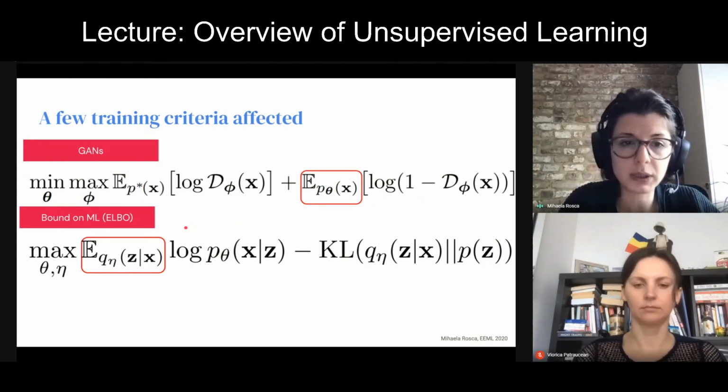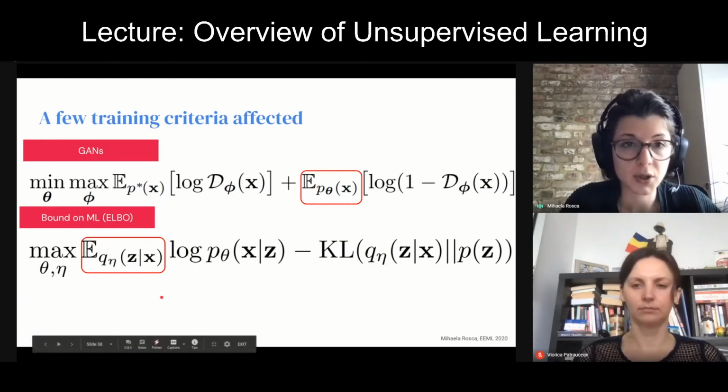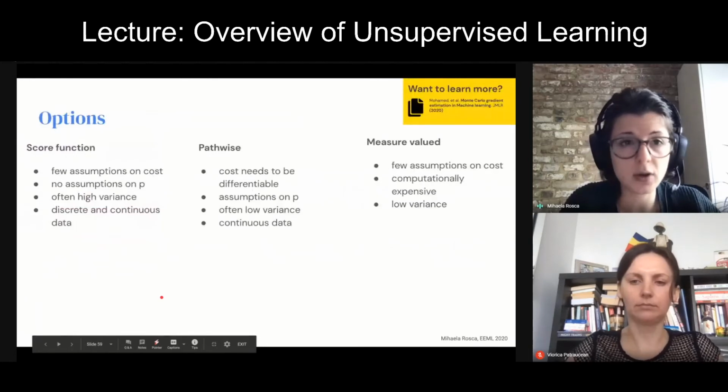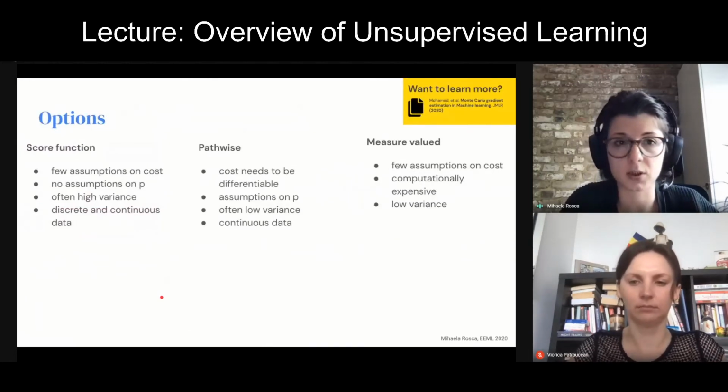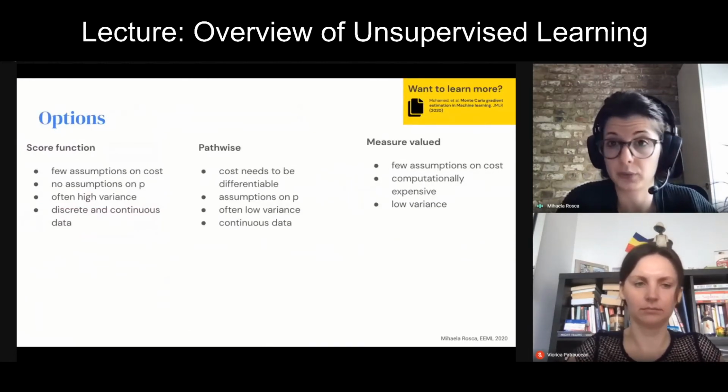And we've also briefly seen it in the explicit latent variable case, where we use the bound on the maximum likelihood, so the approximate explicit latent variable models. So we really care about this. And not only do we care about this in unsupervised learning, we also care about this in reinforcement learning.